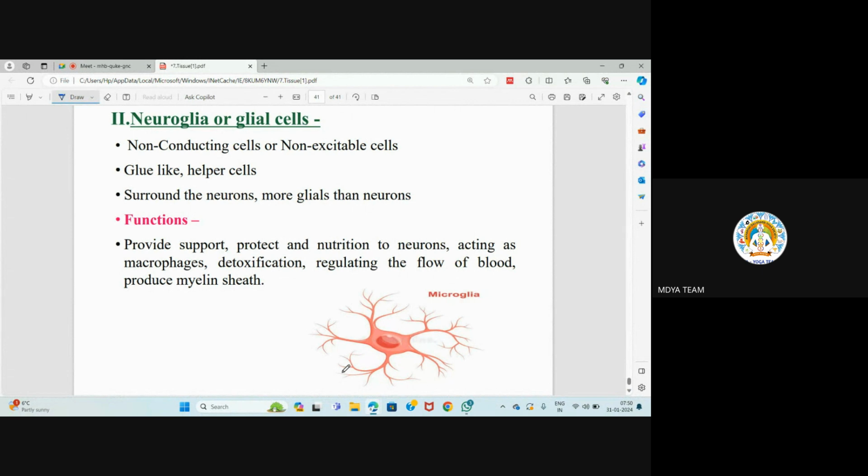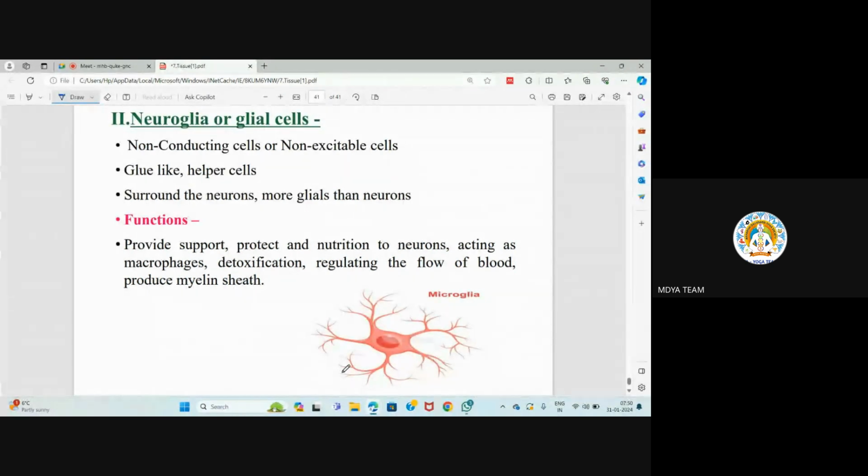They are just supporting the neurons and are very helpful in nature. They will not excite, conduct any impulse, or process anything.